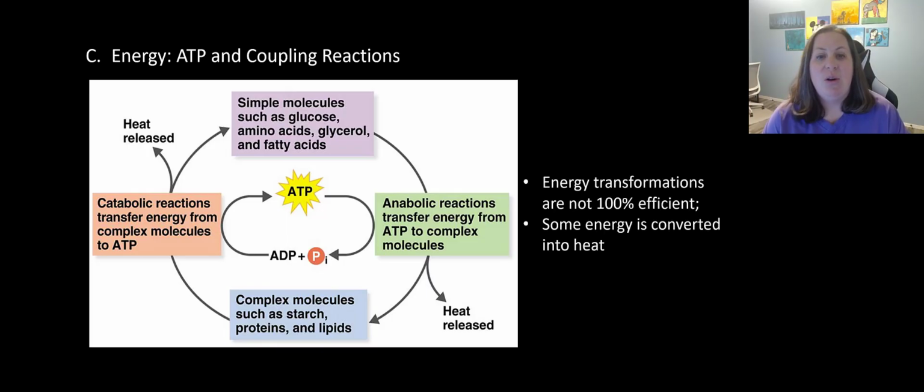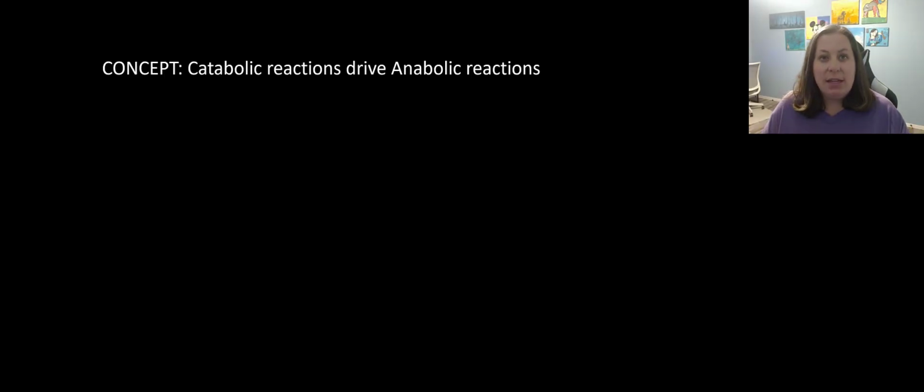Now, one thing to note though is these energy transformations are not 100% efficient. If you'll notice, we have arrows coming off the sides where heat is released. Some of this energy gets converted as heat. That energy is not usable by the organism anymore, okay? And so this just gives you some examples of those coupling reactions. So a concept here that you can see from the page before is that catabolic reactions drive anabolic reactions.